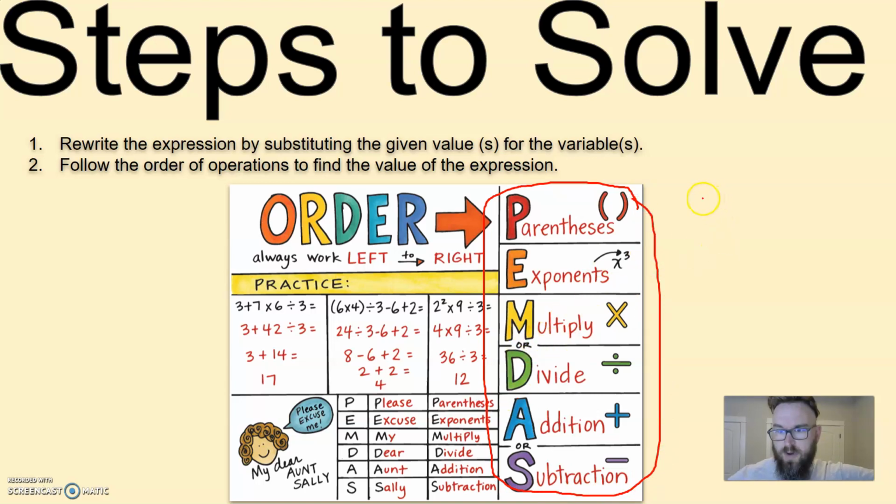Okay, basically it's parentheses first, then exponents, then multiply and or divide. We do both of those together. I know it says or divide is fine. We do those together, and then add and subtract. But they're grouped. It's like check this first, second, check both of these together, third, and these fourth.